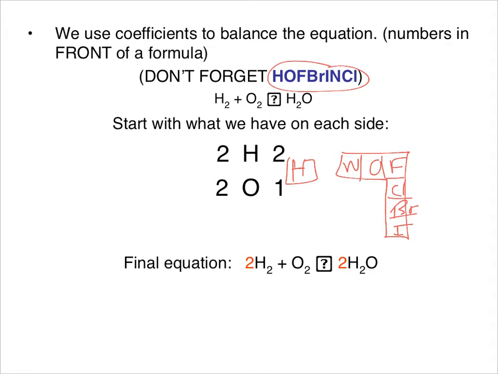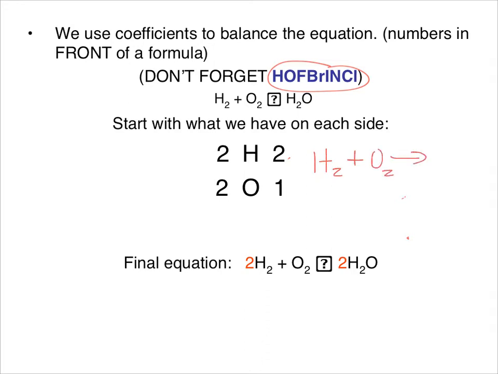And this slide is also telling you how to balance an equation. What you basically do is you write down all the different elements that you find on one side. So in the equation, hydrogen plus oxygen makes water.